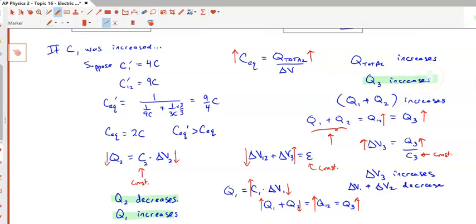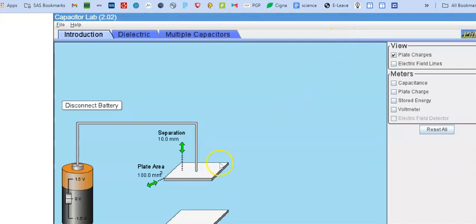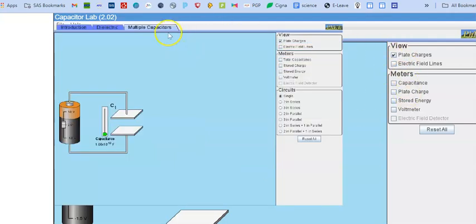Now, quick point here, you might find it helpful to go to PhET and muck around with this kind of simulation. Here's a little simulation in here. Maybe can't quite see the whole thing, but if I change this to multiple capacitors, right, over here, no, it's not working there, unfortunately. Let me pause.